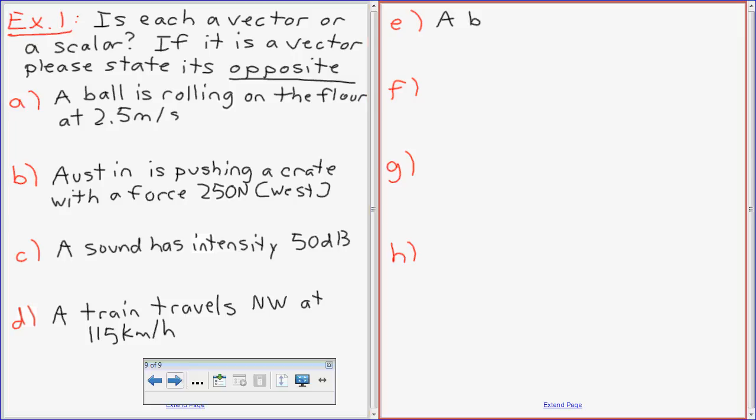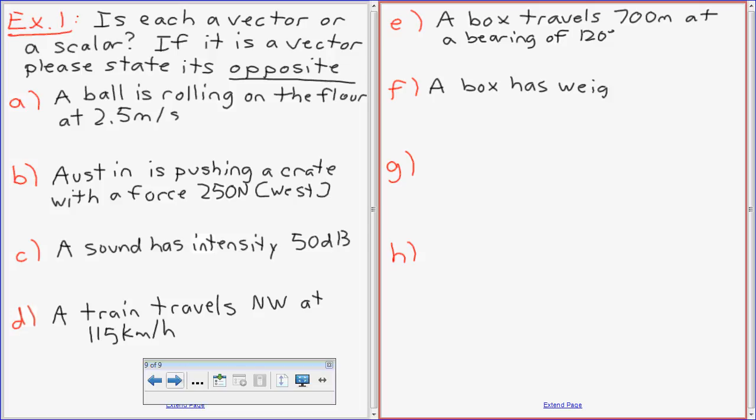F, Spare blocks travels 700 meters at a bearing of 120 degrees. G, the box has weight of 84 newtons.